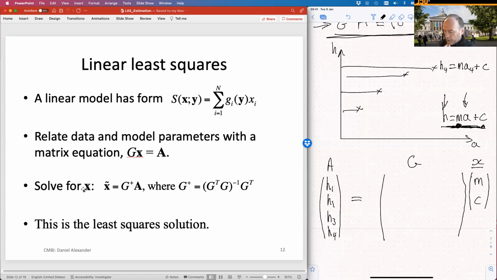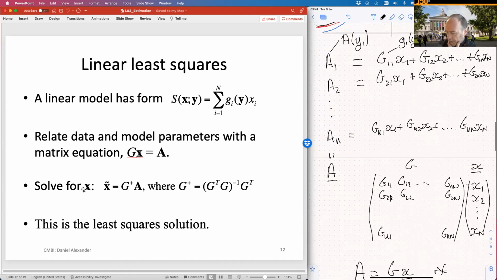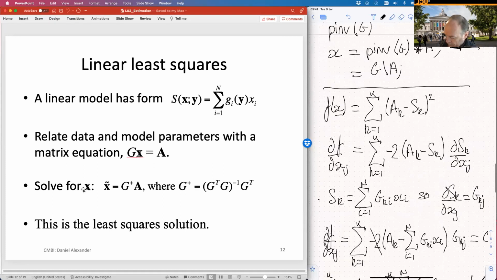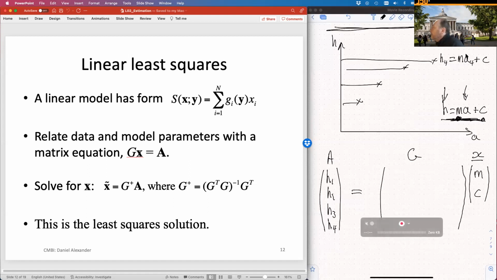And so, going back to our general picture of the G matrix up here, all it is is the coefficients of the different unknown model parameters in the system of linear equations that we write out. And so you can see directly from here that the coefficient of M is the age, whereas the coefficient of C is just simply the number 1.